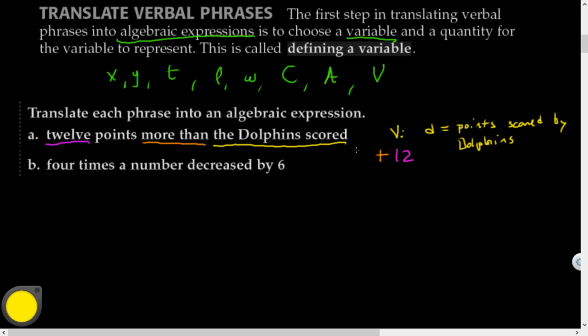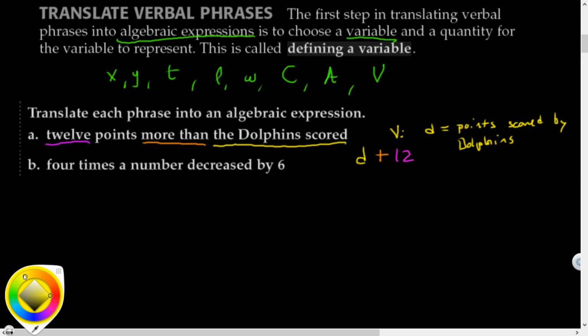With the letter D. So D plus 12 is how I'd represent that. And you didn't have to use the letter D. You could have used X. You could have used P for points. Also, I'd like to point out that the D is measured in points, and 12 is also measured in points. Those are actually the same units in this case. We'll do some unit analysis, dimensional analysis later on in this course.